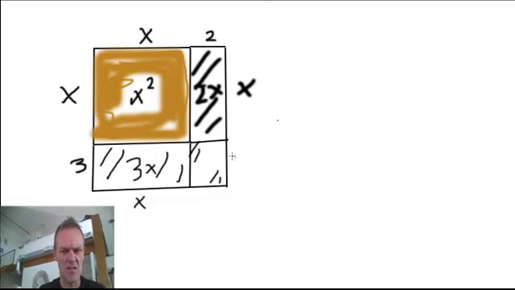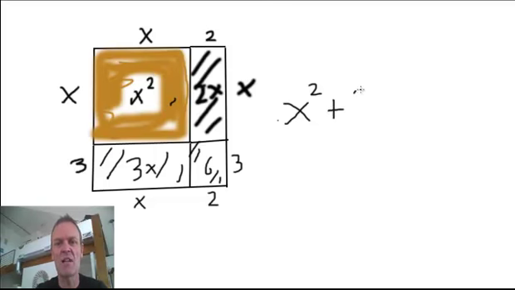Well, can you see that this bit is 3, based on over here, and this bit down here is 2. Well, that's 6. So what I've got here, if I add all this together, my new room is now this. The original x squared, I'm colourblind, which is this colour, plus the 2x to the right of it, plus the 3x just below it, and then plus this 6 here, just 3 times 2.